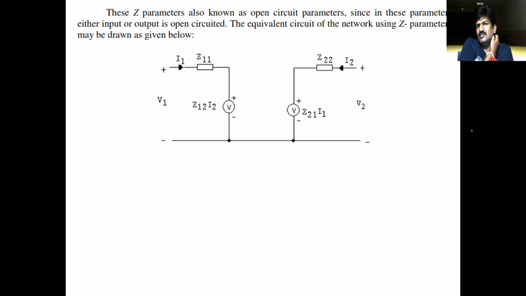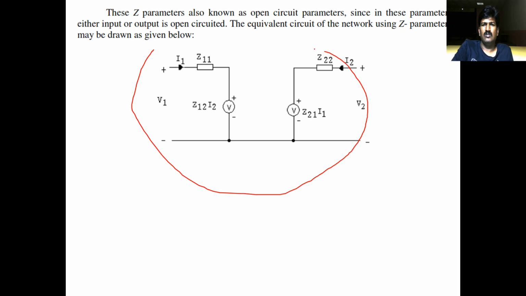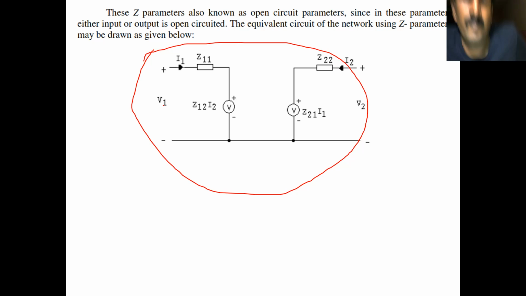The equivalent circuit of the network using Z parameters is given like this. You can understand V1 is equal to Z11 into I1 plus Z12 into I2. Z12 is the impedance of the input circuit due to the output current passing through the input circuit.